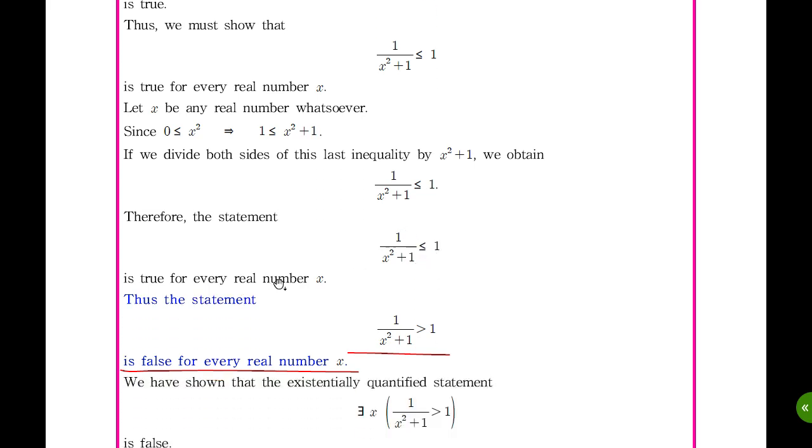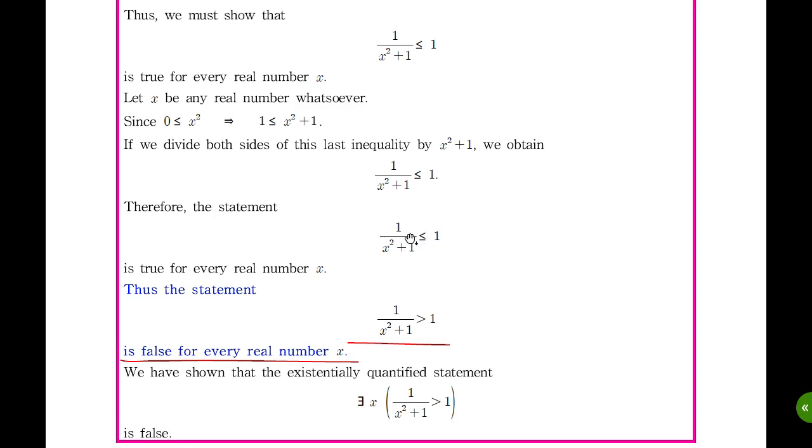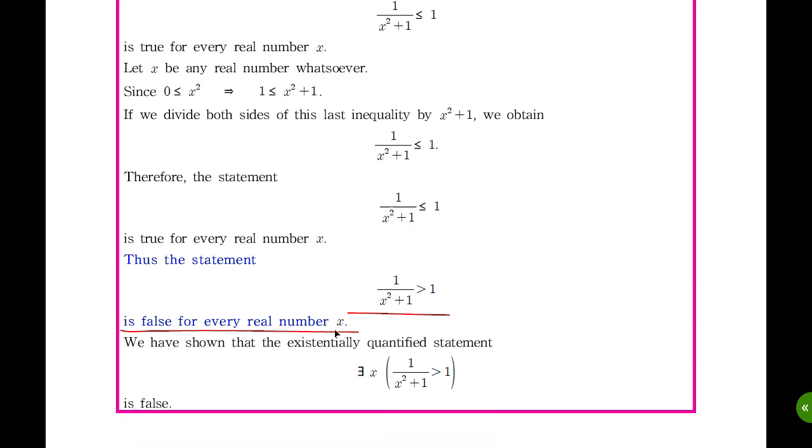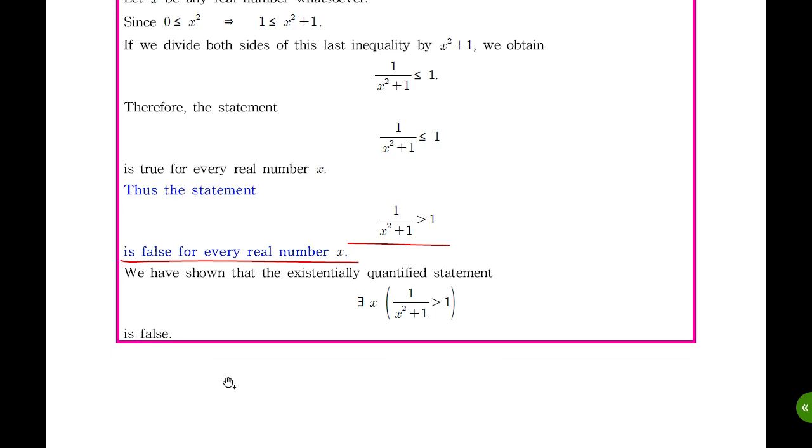This is true for all real numbers, so it's been proved. Since 1 over x squared plus 1 is less than or equal to 1 for every real number x, the other direction must be false for every real number x. So we can say that this existentially quantified statement is false.